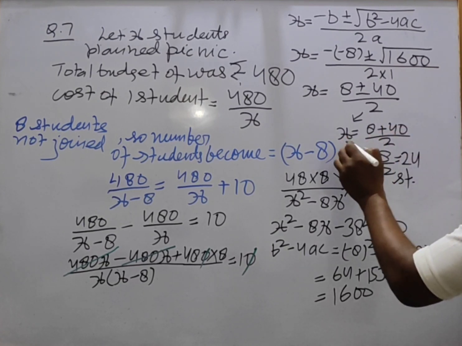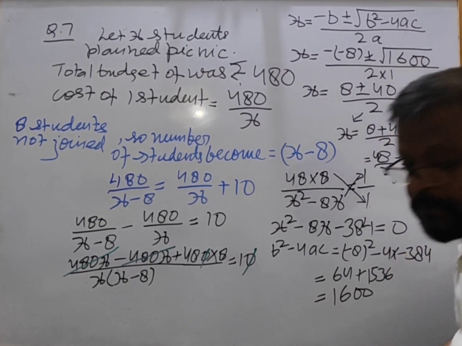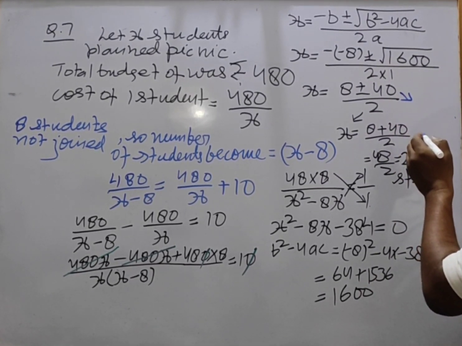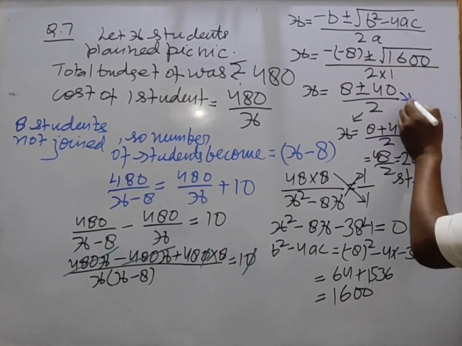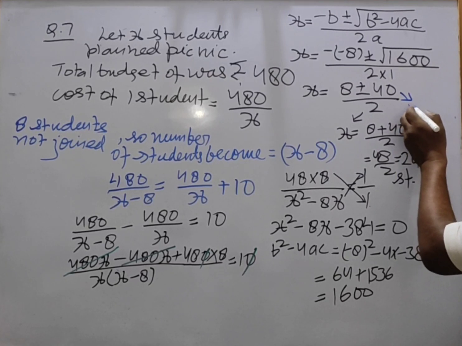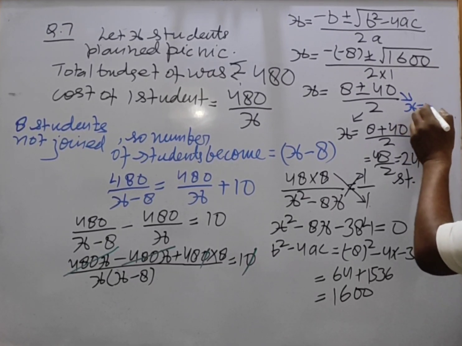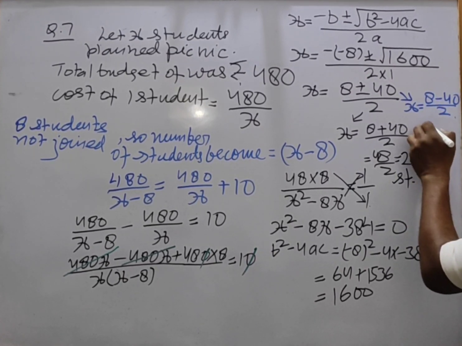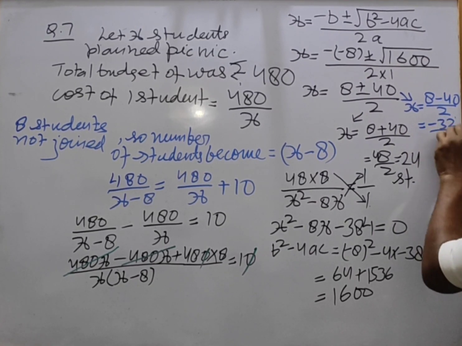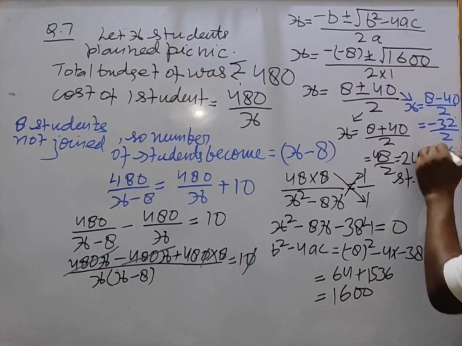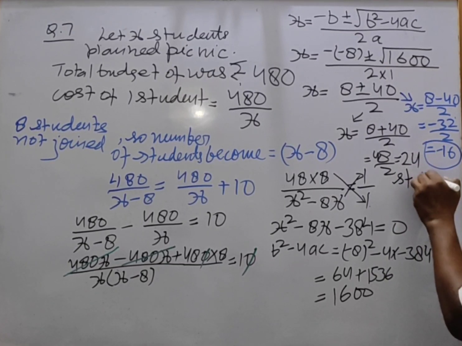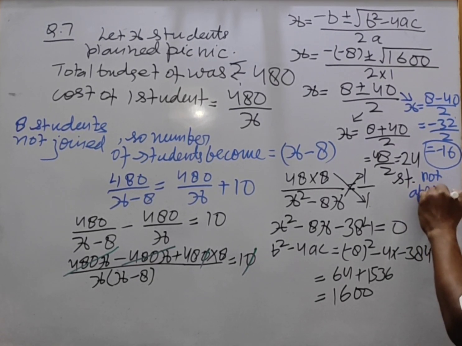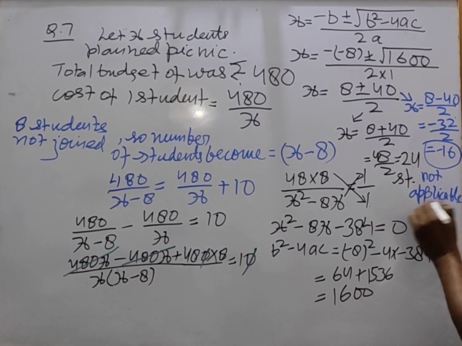And if we take x is equal to 8 minus 40 upon 2, it becomes minus 32 by 2, which is minus 16. So it is not applicable.